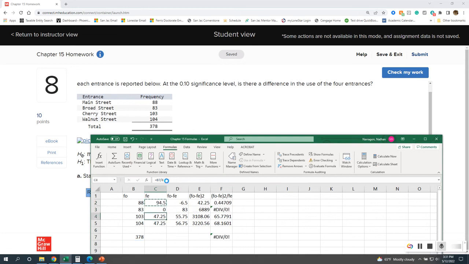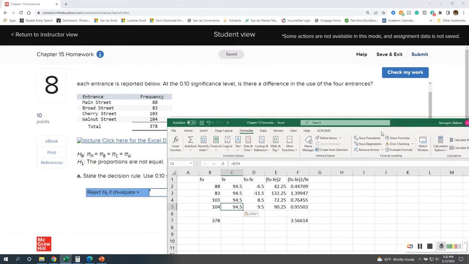So copy, paste up. Okay, so there's our table already set up. We're good to go there.